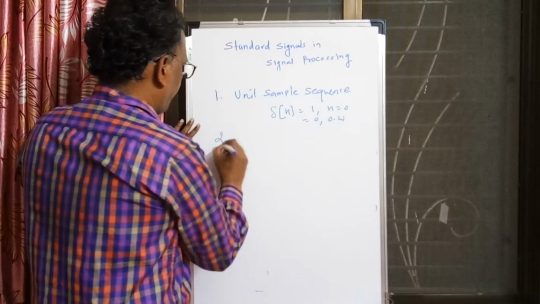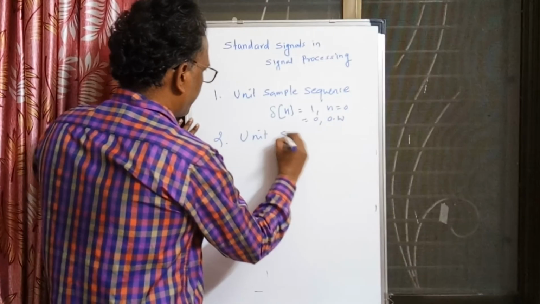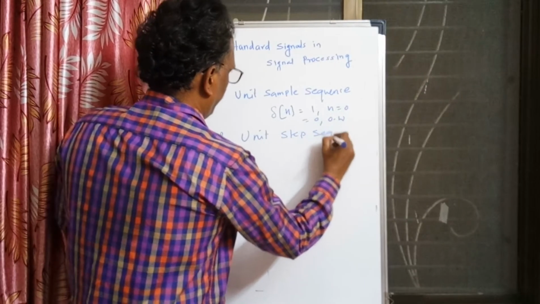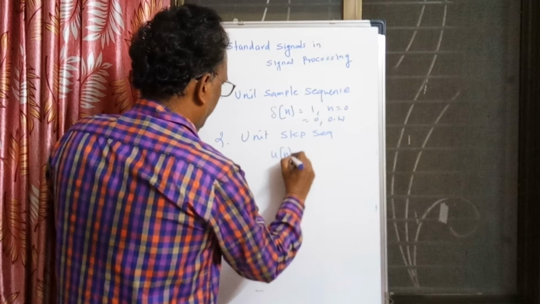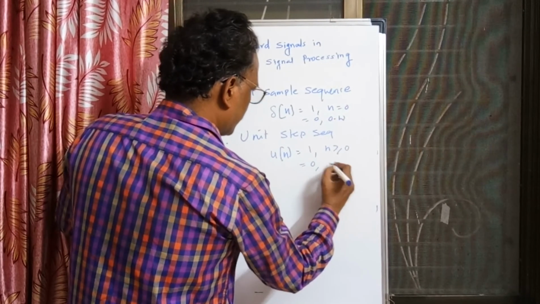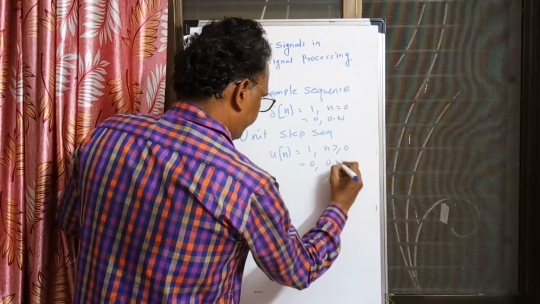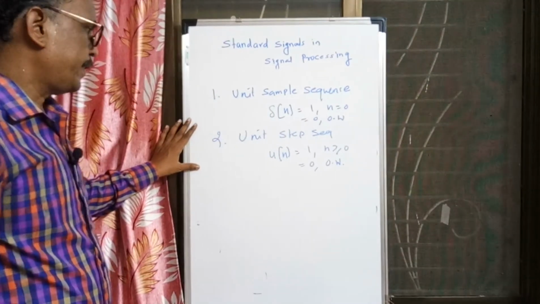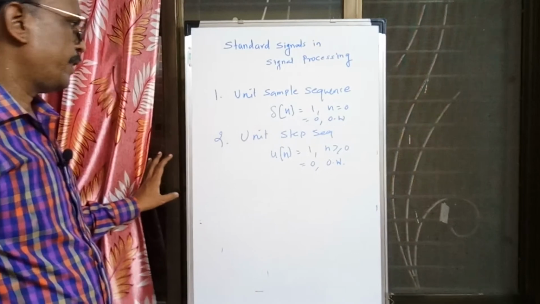And we have seen the second signal is the unit step sequence, which is u(n), having value 1 when n is greater than or equal to 0, and value 0 otherwise.